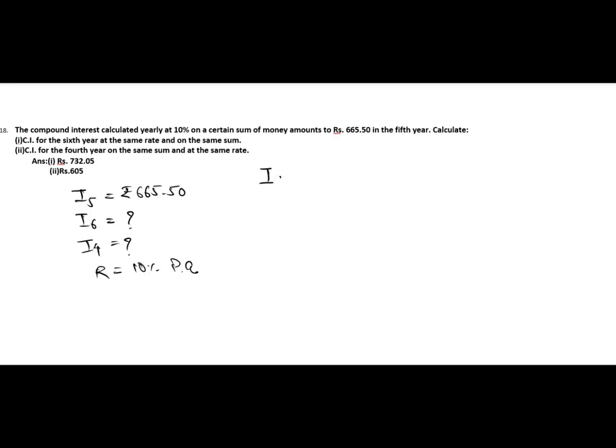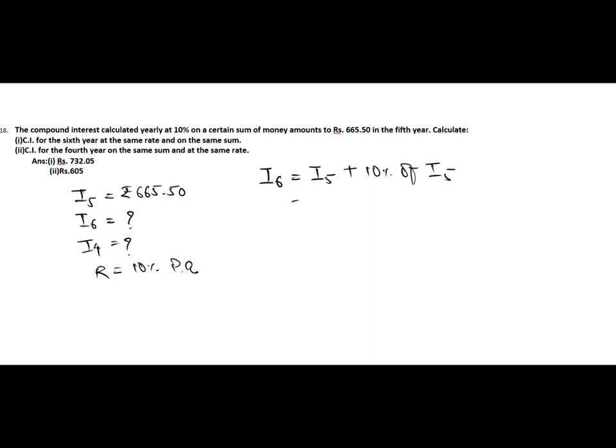Compound interest for sixth year is equal to compound interest for fifth year plus 10% of compound interest of fifth year, right? If you add the rate percent multiplied by the compound interest of the current year to the compound interest of the current year, you will get the compound interest for the next year, right?